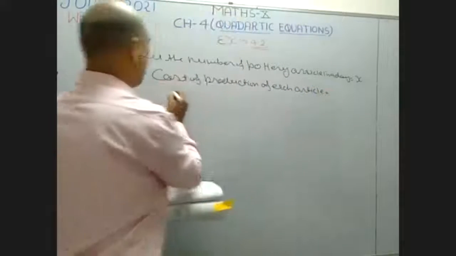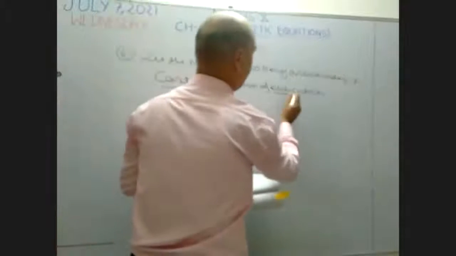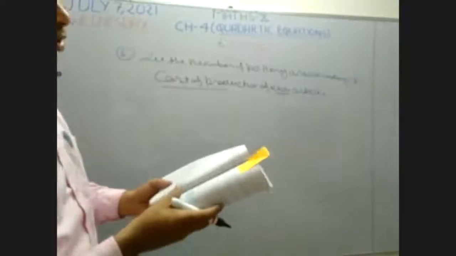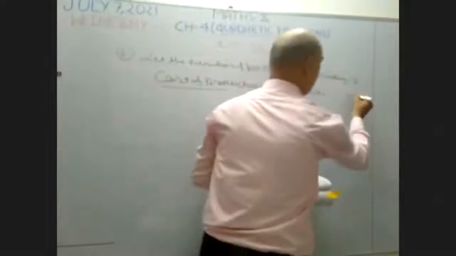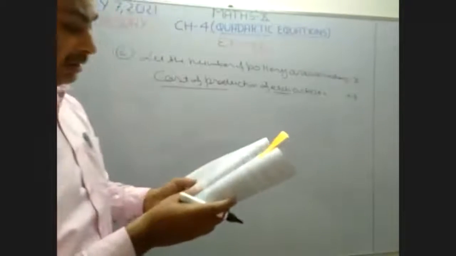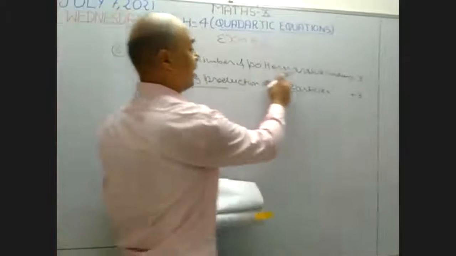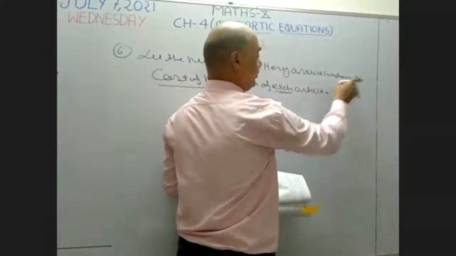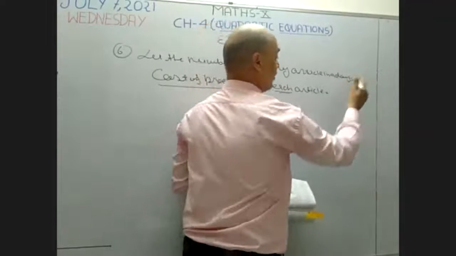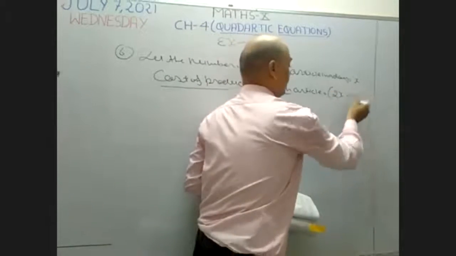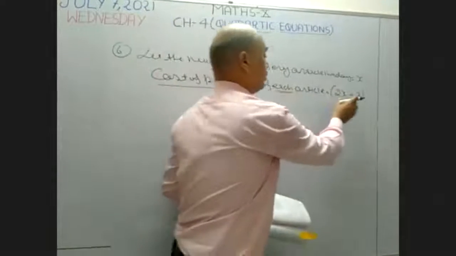I want to write the cost of production of each article, meaning only one article's cost, which is given as 3 more than. 3 more than means plus 3. 3 more than twice the number of articles produced on a day. How many articles are produced in a day? x. It means I want to twice this number. When I twice this number, this becomes 2x. So the cost of each article becomes 2x plus 3.